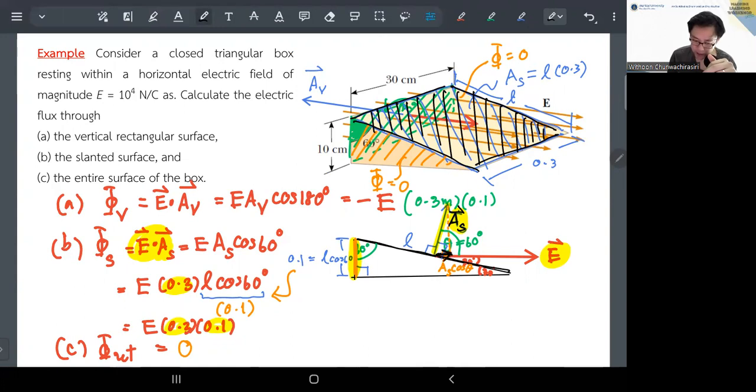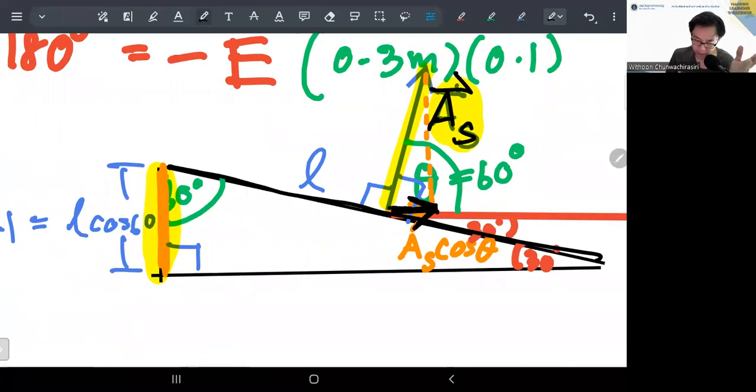This is the component of the A that points in the same direction as E. And you guys are now familiar with the concept of the area vector. If the area vector points in one direction, it must be representing the real area that is perpendicular to it all the time. So that means that tiny piece of area over here must be representing the actual area that is perpendicular to this. You guys with me? Does that make sense?